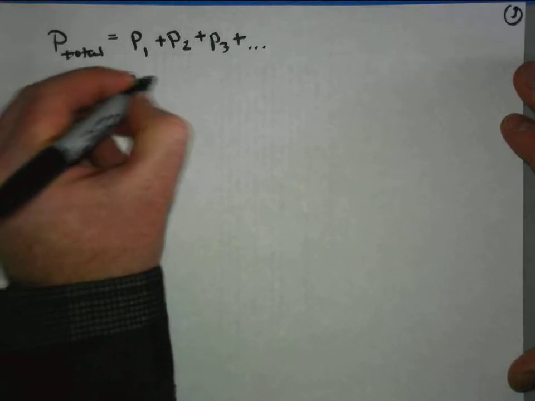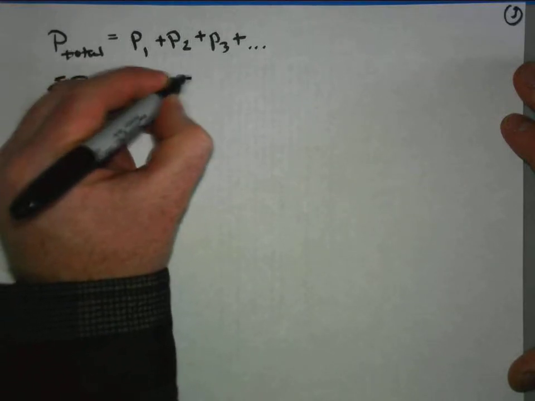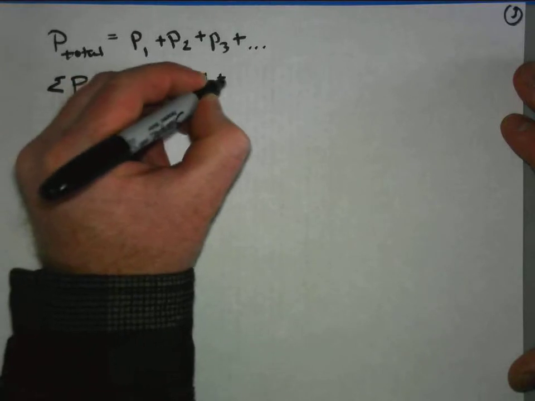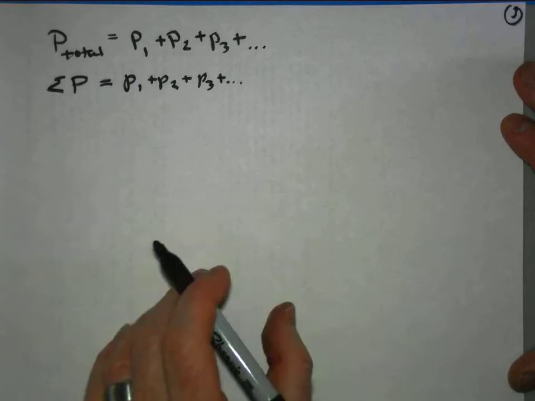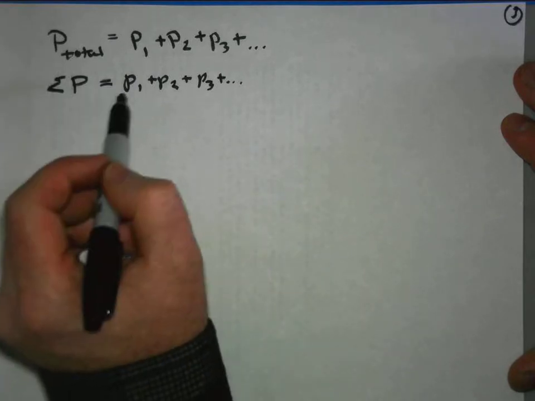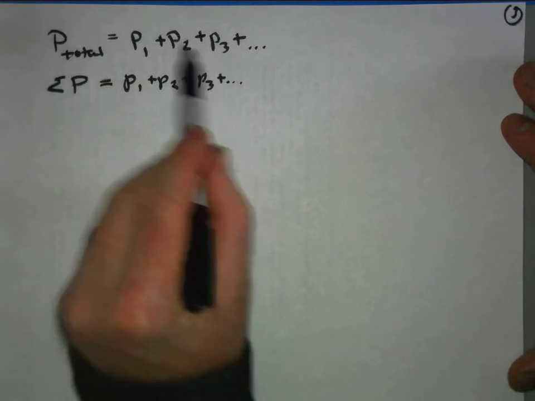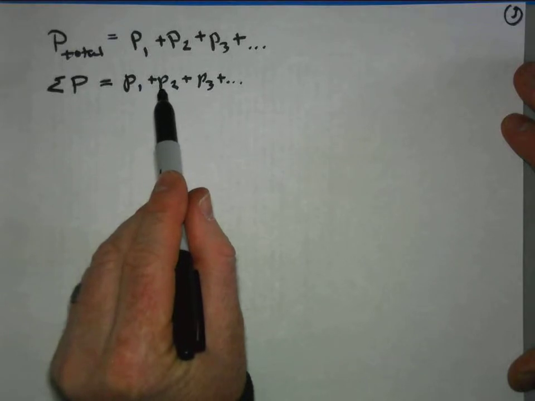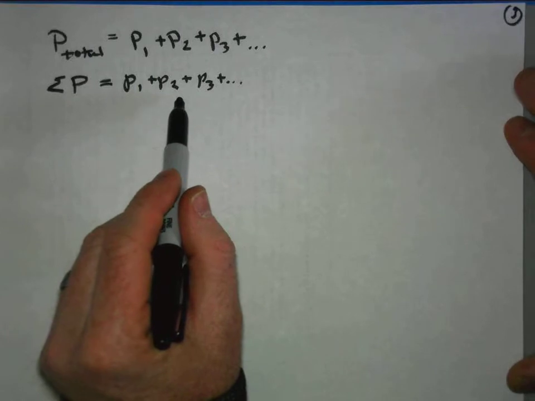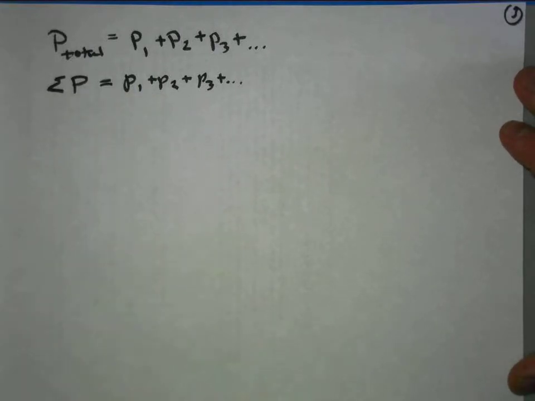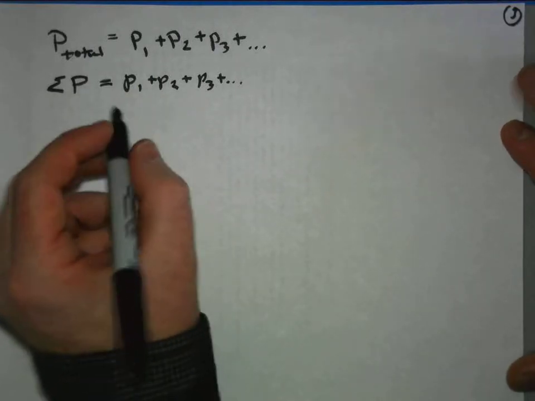You'd say the same thing: momentum 1 plus momentum 2 plus momentum 3 plus, as far as you had to go. But the vector sum, any of these individual momenta might be in one direction, and the other one might be in a different direction. And how do you do this? Well, you do it the same way you would with forces. You find what you would call the vector sum.